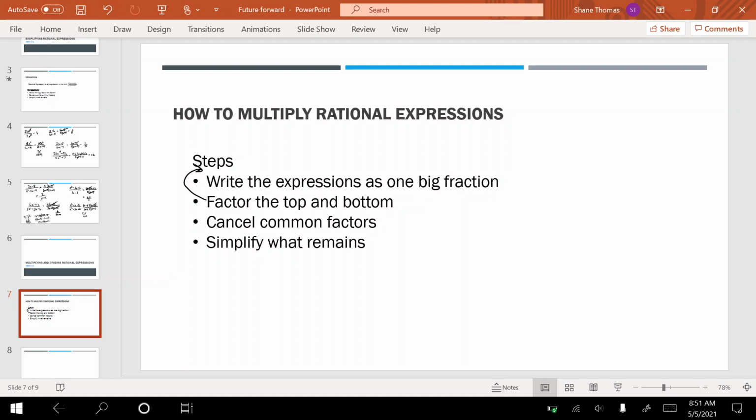Let's factor first, then write it as one big fraction. Then we'll cancel common factors and simplify what remains. So factor the tops, factor the bottoms, write as a big fraction, cancel common factors, and simplify what remains.